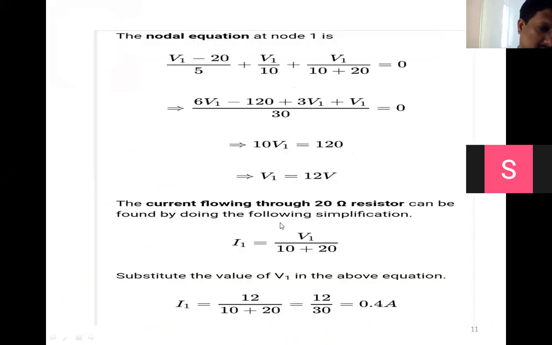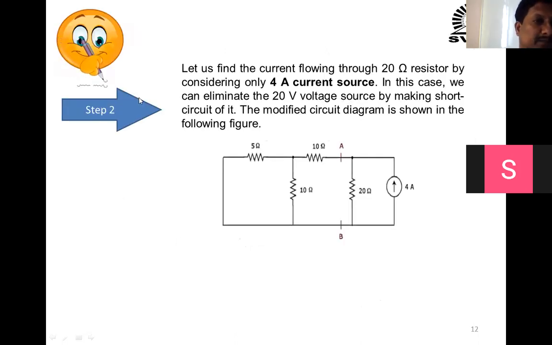So whatever we solved, that is shown here. V1, 12 volt we got. Then I1, that current, that is V1 divided by 10 plus 20, that is 30. So 12 divided by 30 is 0.4 ampere. Now second step, let us find out the current flowing through the 20 ohm resistor, by considering only the 4 ampere current source. Now the 4 ampere current source we are going to keep as it is.